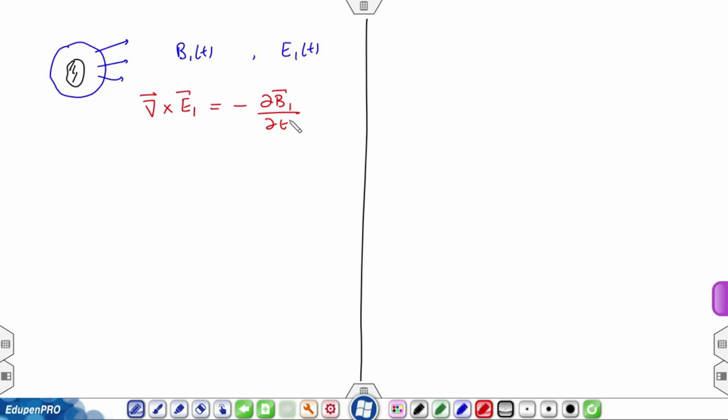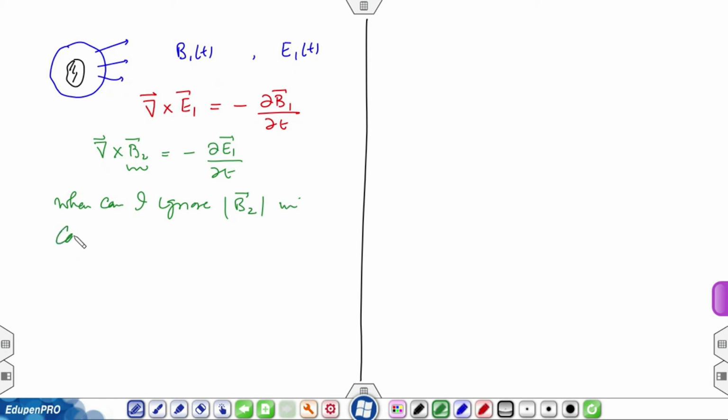And as E1 changes, I would also have curl of B2 equal to minus dE1/dt. And I want to understand when can I ignore the B2 magnitude in comparison to B1.